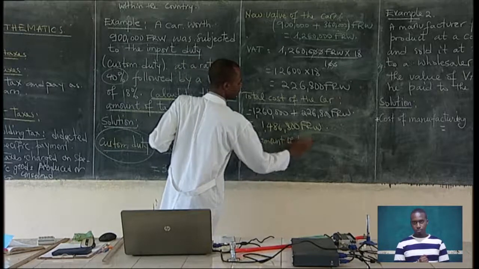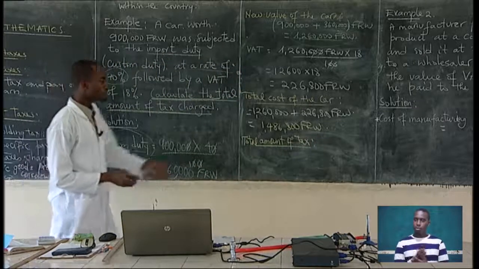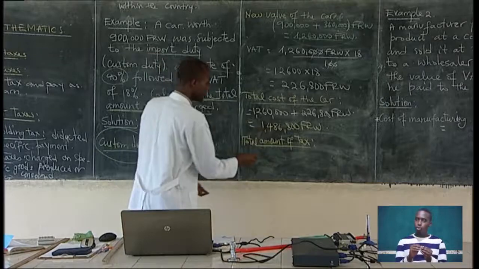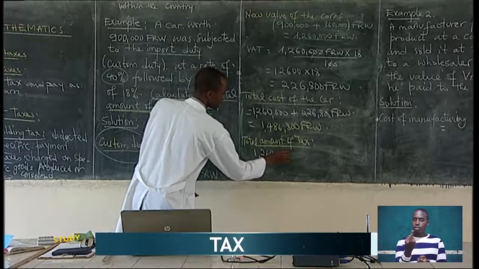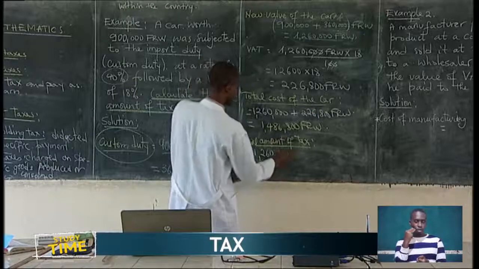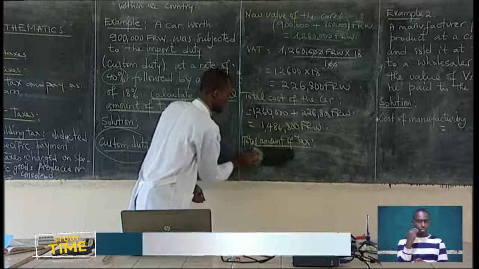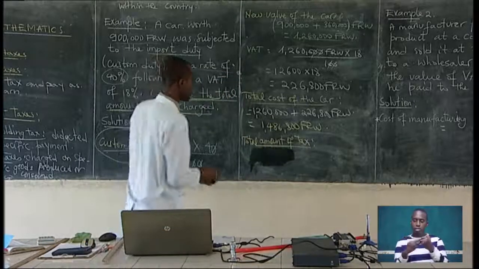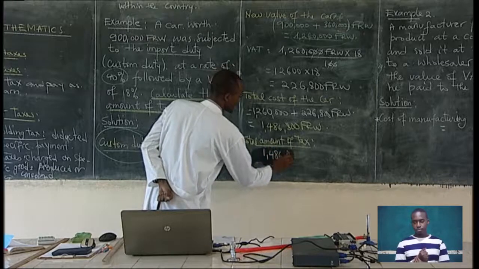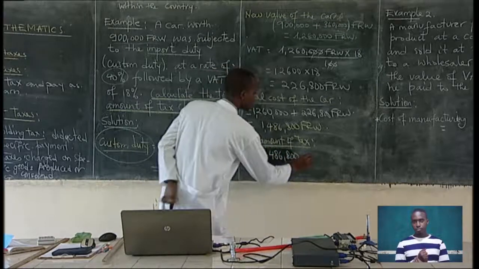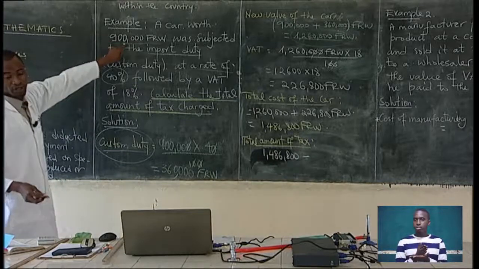You have to take this total cost of the car, which is 1,486,800, and you take away the money that was for the car at the beginning.